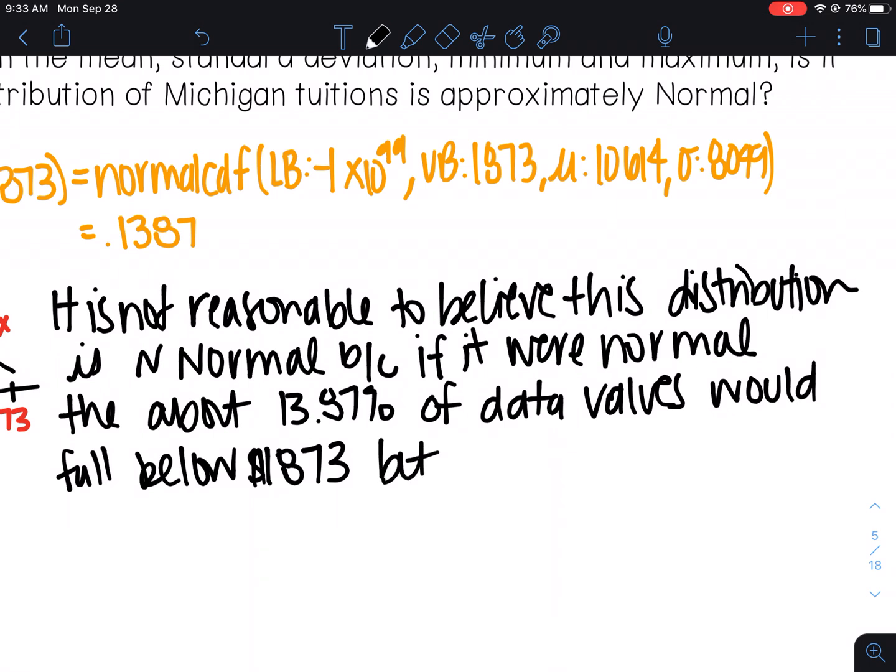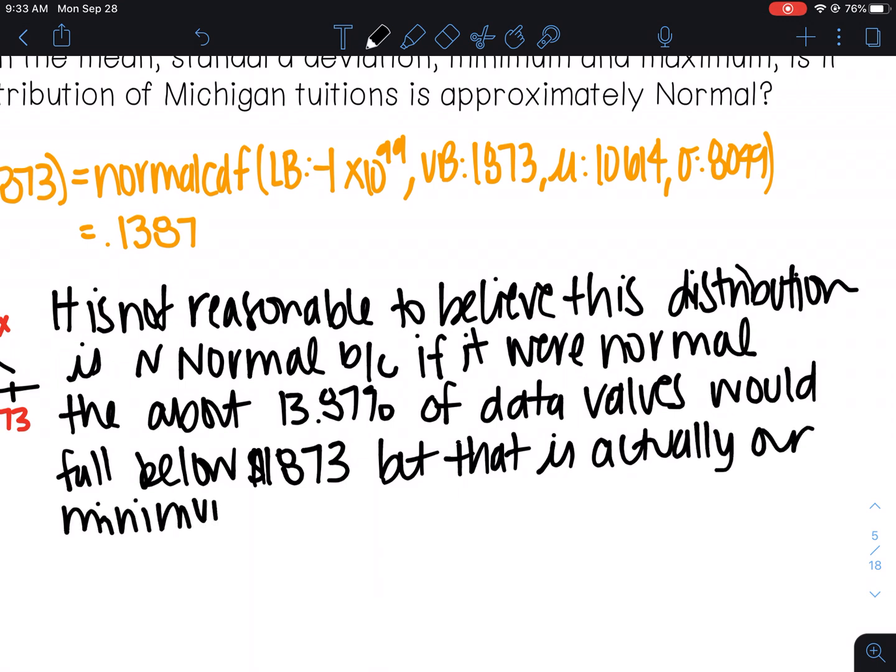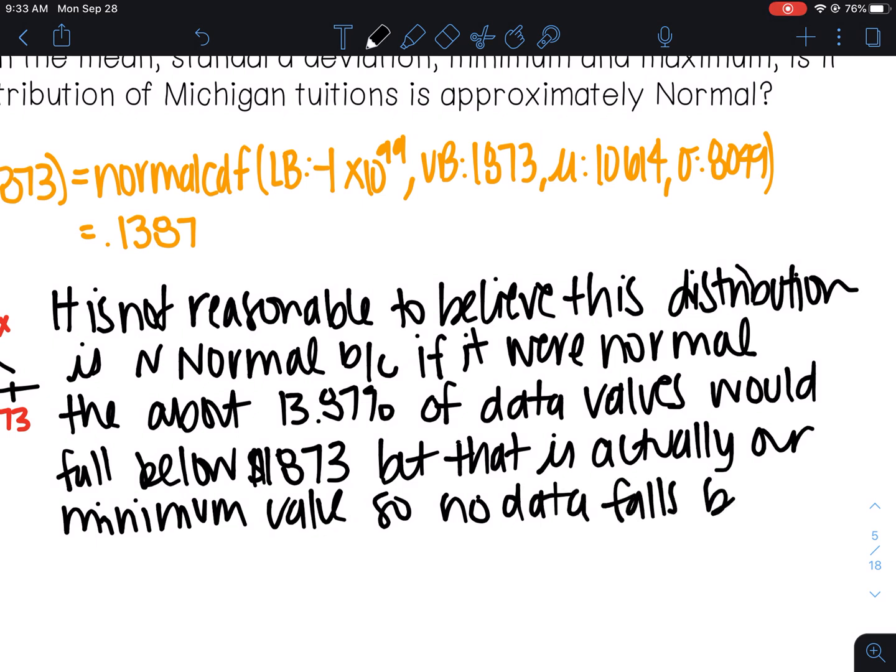But that is actually our minimum value. So no data falls below there. This is a contradictory idea.